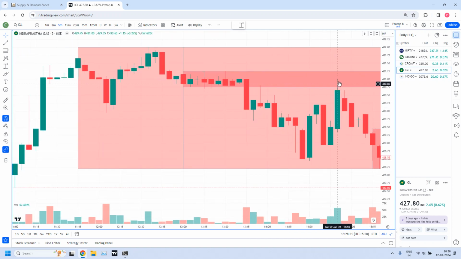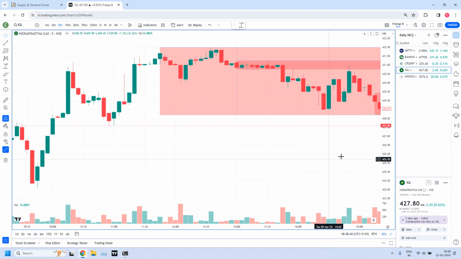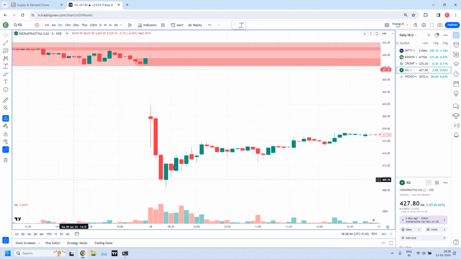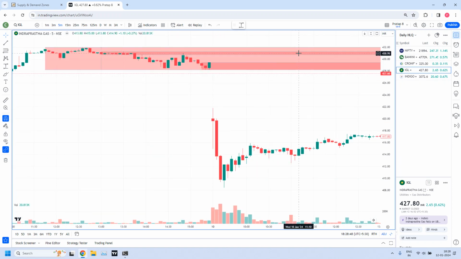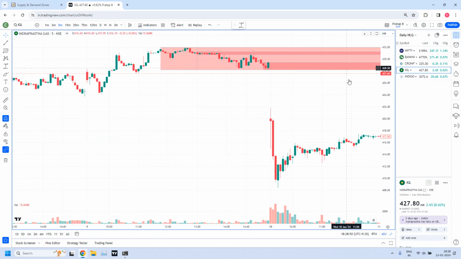And again, second time also prices entered and came down. That means there are some pending orders, institutional pending orders. But anyway, first of all, structure is not good. It is already tested. So that's why we can't plan a trade even in this zone.